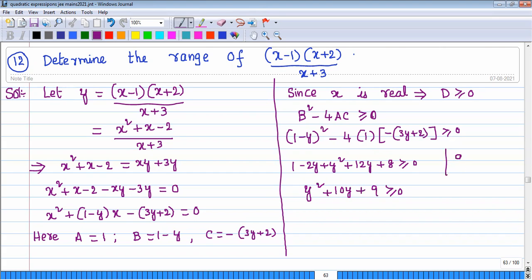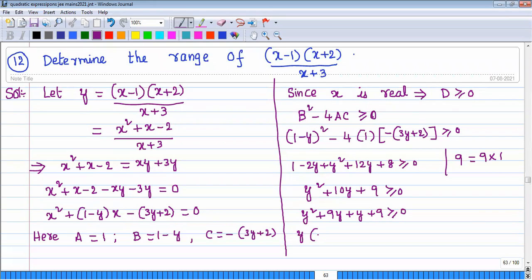What are the factors of 9? 9 into 1, 9 plus 1 is 10. This we can write as y square plus 9y plus y plus 9 greater than or equal to 0.